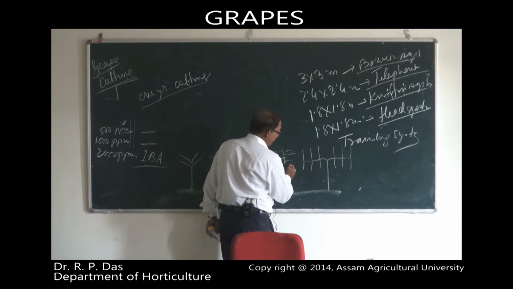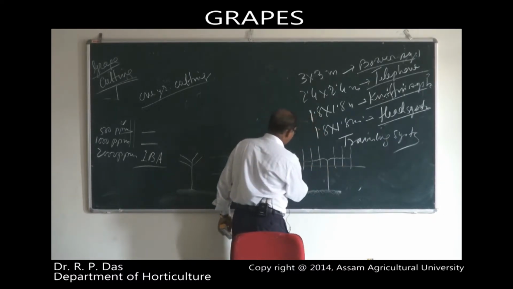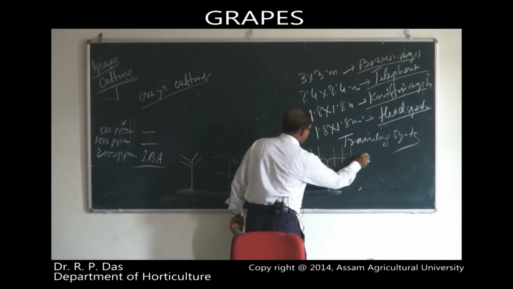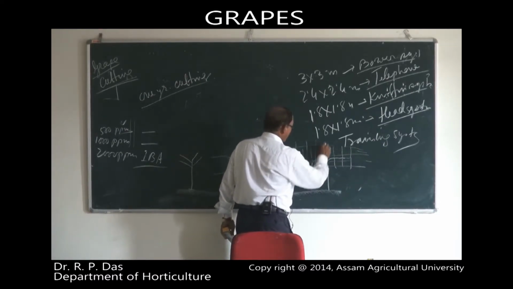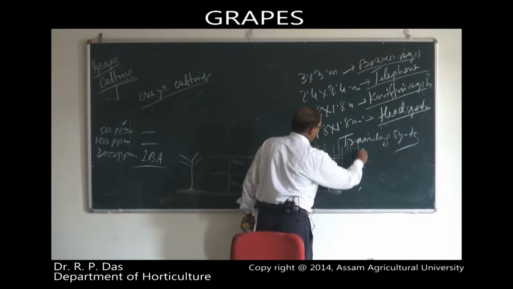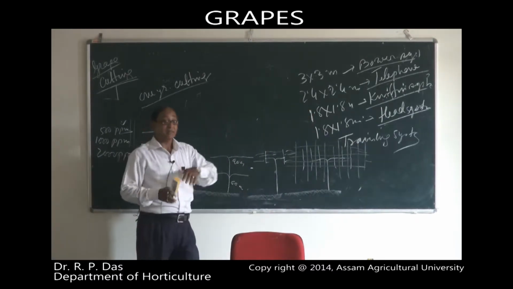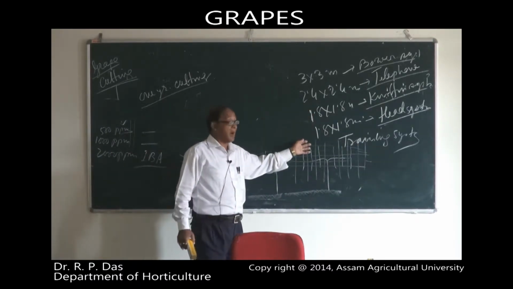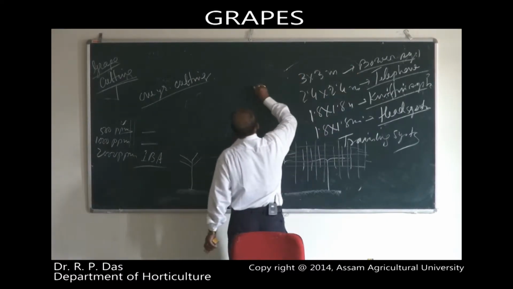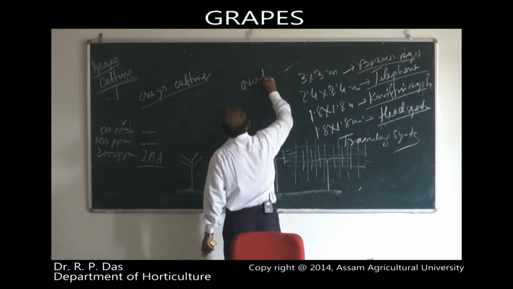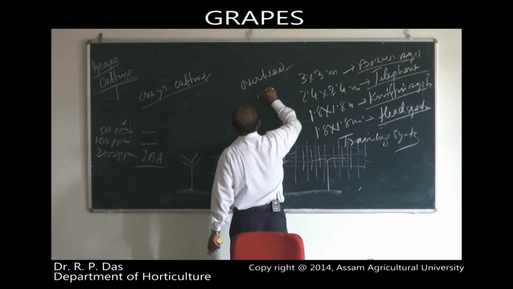Then these are supported by crisscross net wires fitted on brick poles or iron poles. It is above the head, that's why it is known as Bauer system or overhead system.